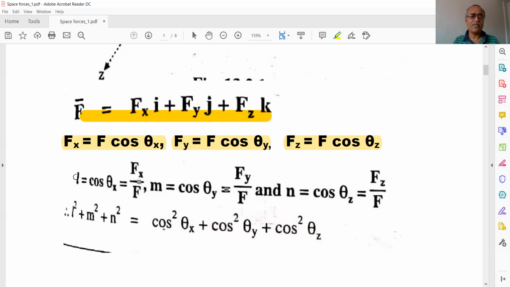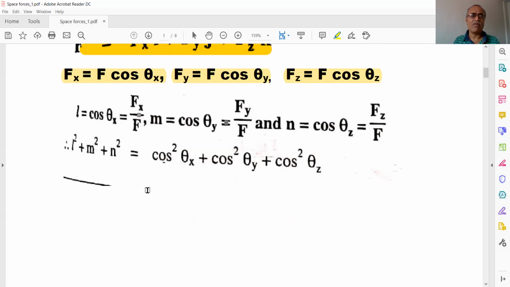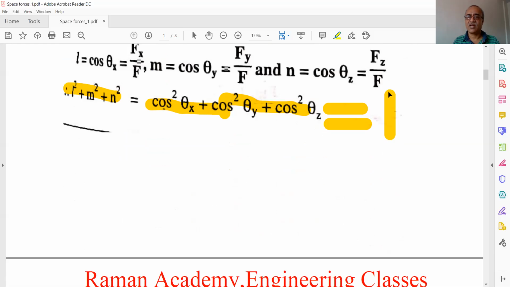We have named them L as cos theta x, M as cos theta y, and N as cos theta z. What we have already studied is L square plus M square plus N square is equal to 1, or the other way around, cos square theta x plus cos square theta y plus cos square theta z is equal to 1. This we have already studied.